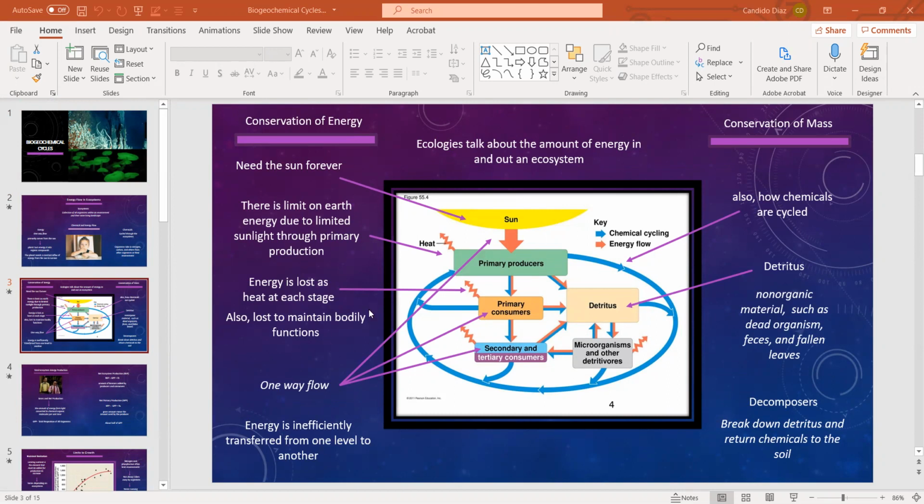And so in an ecosystem, energy is coming in from the sun, with the exception of the ecosystems in which you have the vents on the floor, where you have chemosynthesis happening because there's no sunlight. But for the most part, sunlight is coming in and then being picked up by primary producers. And so energy is lost due to metabolic processes, generally lost as heat.